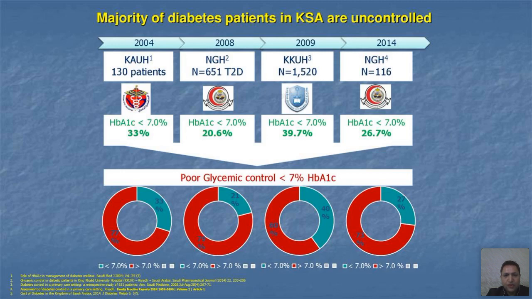Unfortunately, the majority of our patients, including type 1 and type 2, are uncontrolled. So they meet the criteria: they should be tested at least 3 times a year for their HbA1c levels.